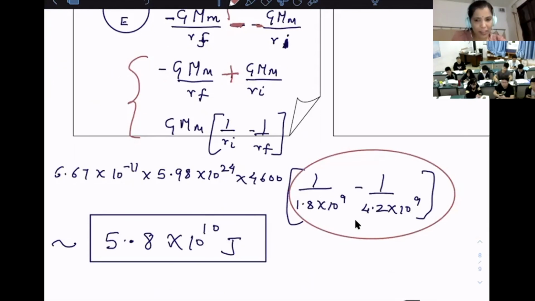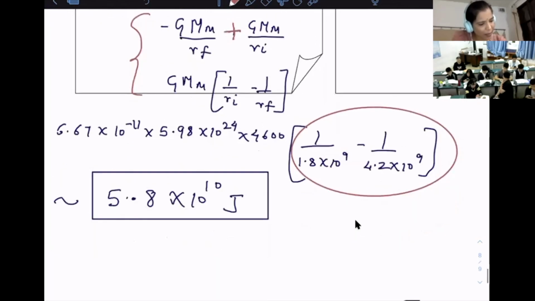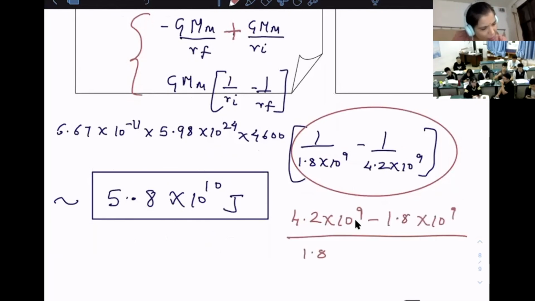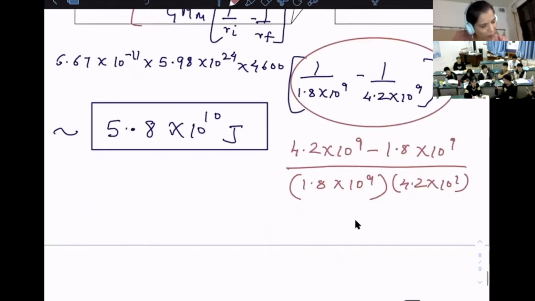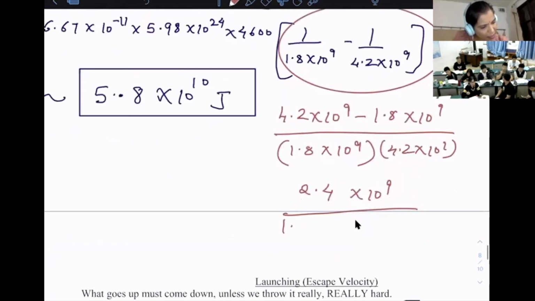If you solve this reciprocal relationship, this will be 4.2 times 10 to the power of 9 minus 1.8 times 10 to the power of 9, over 1.8 times 10 to the power of 9 times 4.2 times 10 to the power of 9. If you subtract these two values, this will be 2 times 10 to the power of 9 over 1.8 times 4.2.